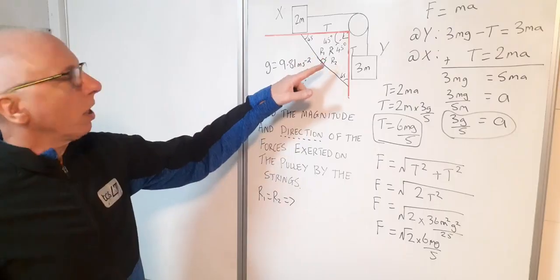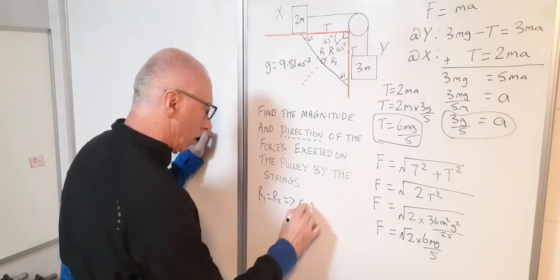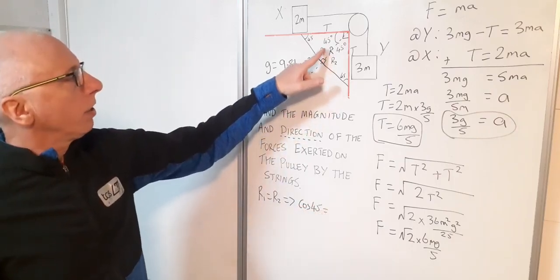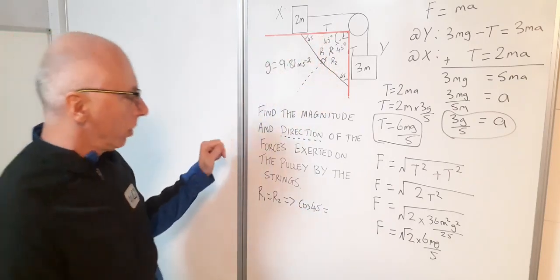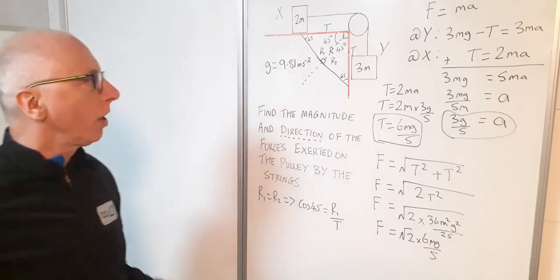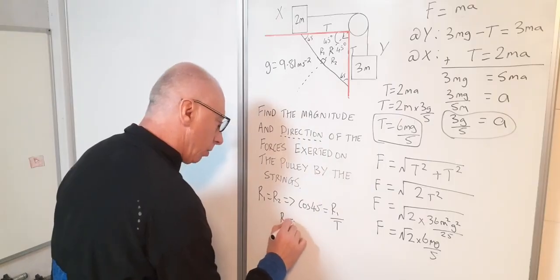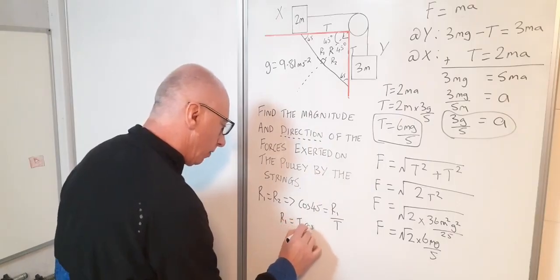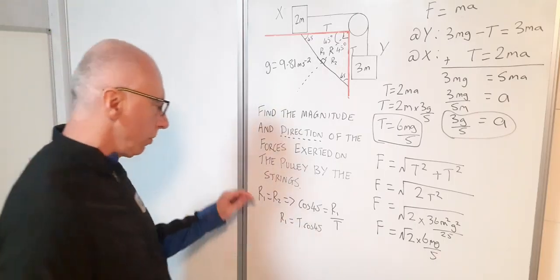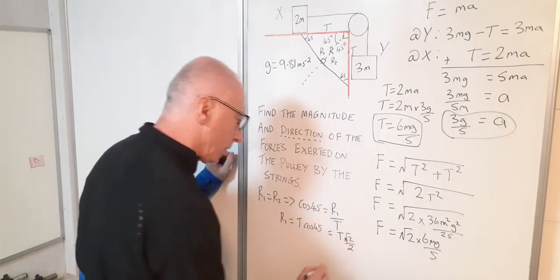If I use cosine, because it's adjacent, cosine of 45 equals R1 over T, adjacent over hypotenuse. So then to get R1 isolated, I've got R1 equals T cosine 45. Cosine of 45 is root 2 over 2. So that equals T root 2 over 2.